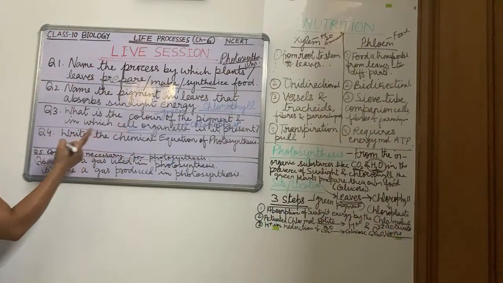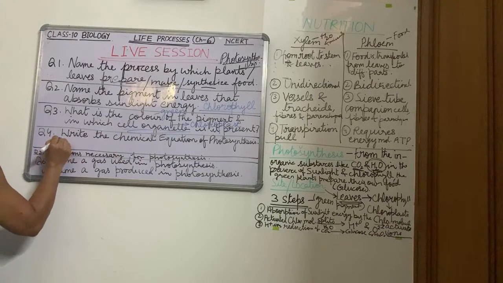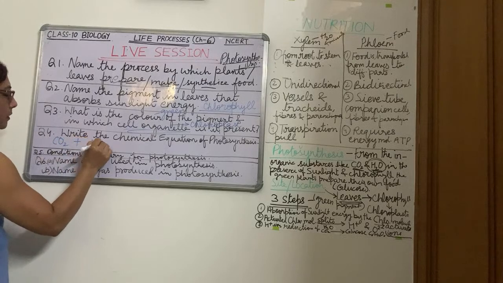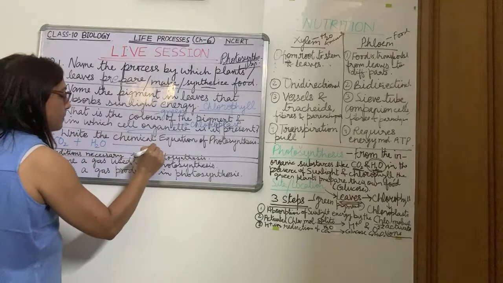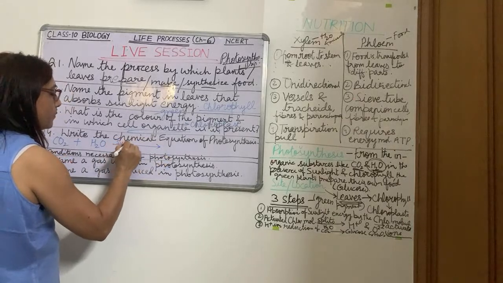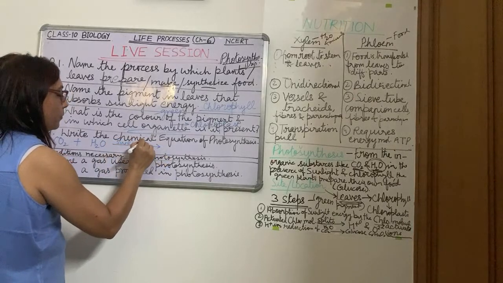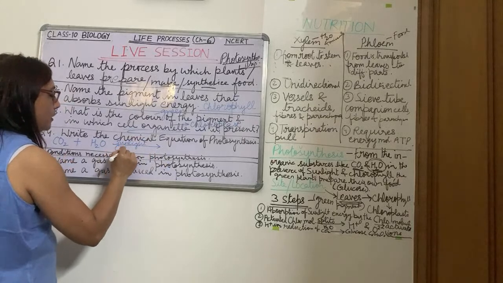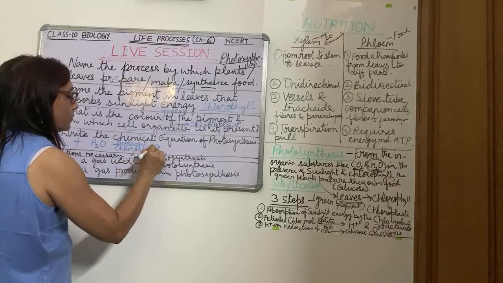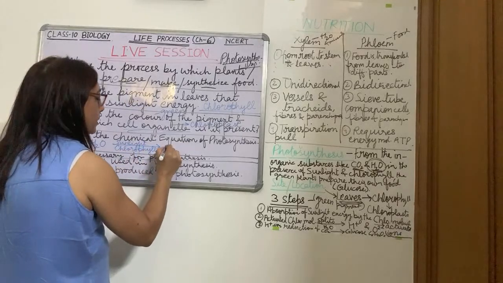What are the raw materials for photosynthesis? These are carbon dioxide and water, right? And in the presence of sunlight and chlorophyll, what is prepared?